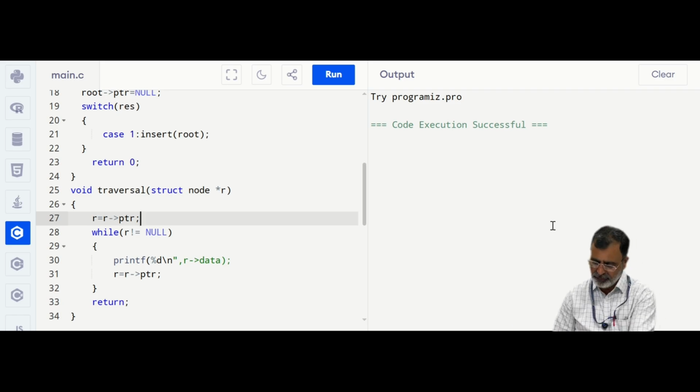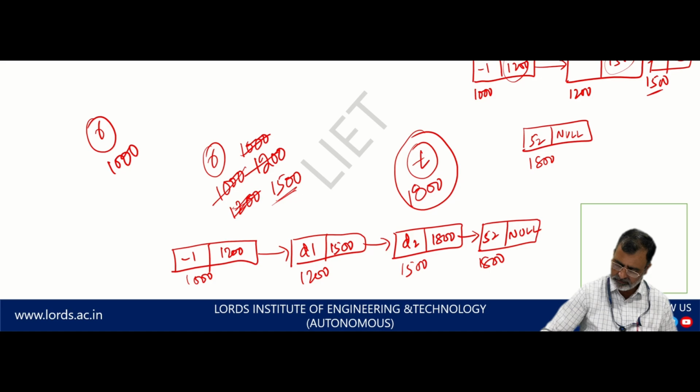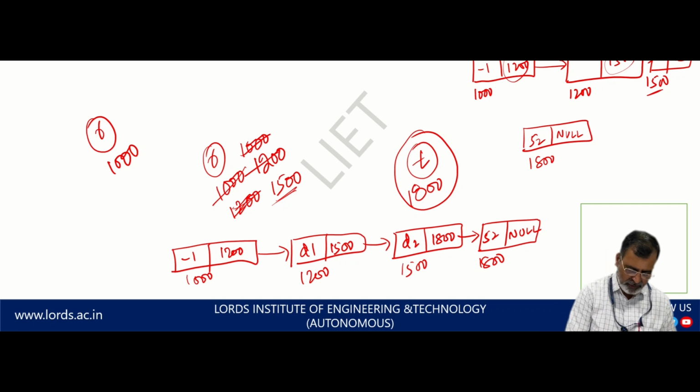So initially, if you look at here, r was containing the first node's address, which was 1000. Because of this highlighted line r equals to r ptr, r value now becomes 1200.